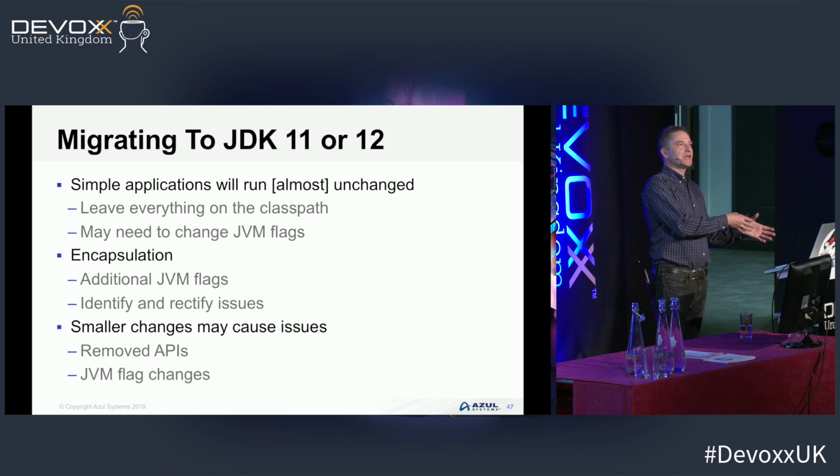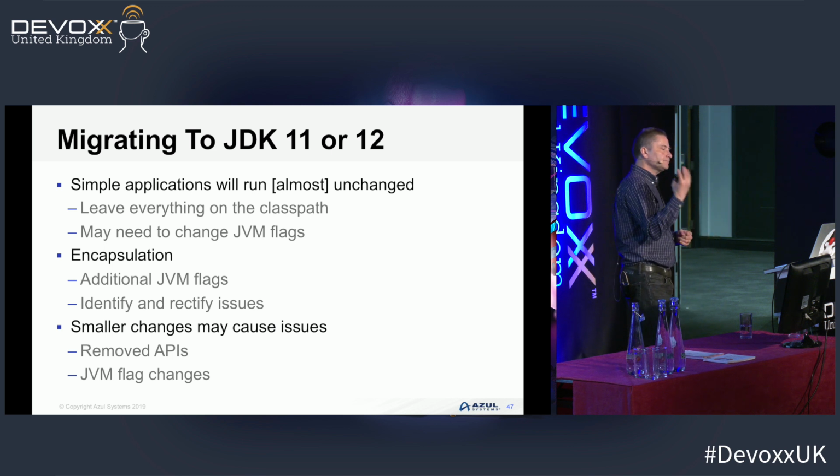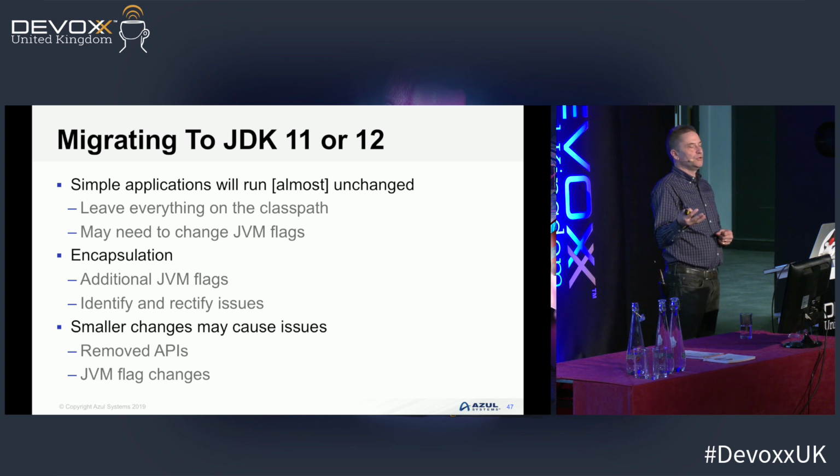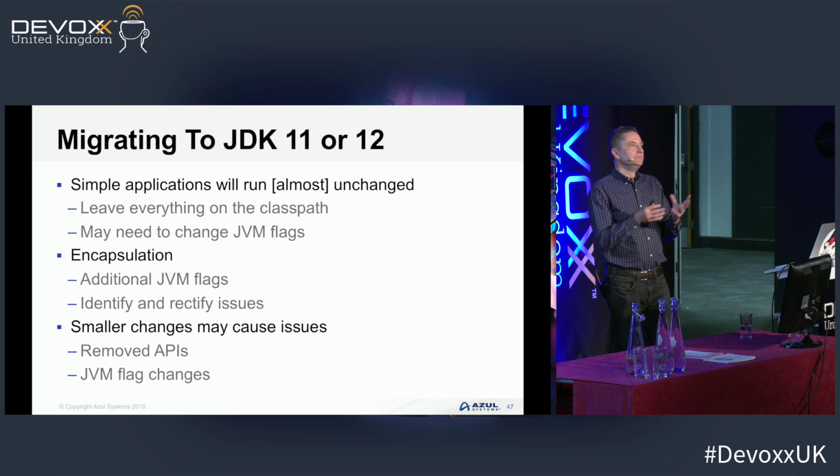Using JDeprScan and JDeps to analyze what your code's doing is probably a good idea as well. Smaller changes will have a slight impact, so there are more APIs being removed, and you just need to keep an eye on that.